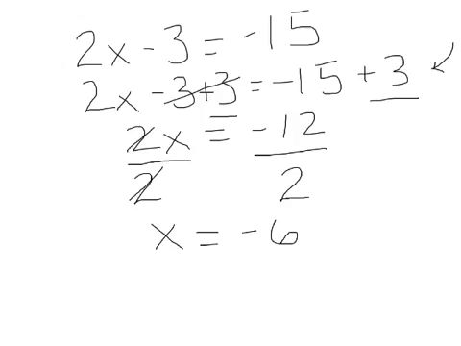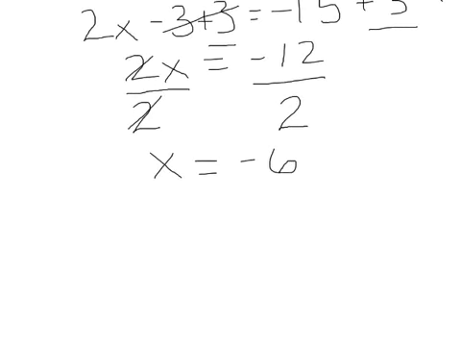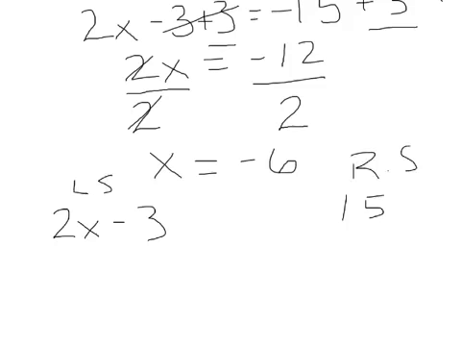At this point, we can check our work to be sure that we've done it correctly. I'm just going to rewrite the question, break it up a little bit. 2x minus 3 is equal to negative 15. So I've broken it up by left side and right side. If I've solved my question properly and I substitute negative 6 back into the x here, my left side should equal negative 15, as it said in the original question.